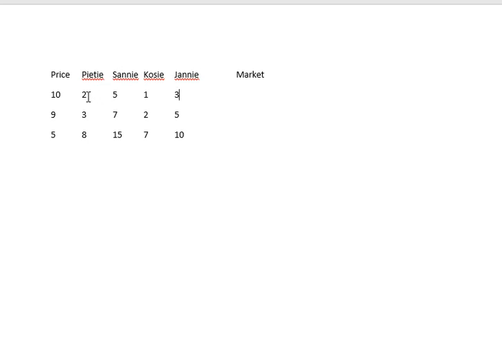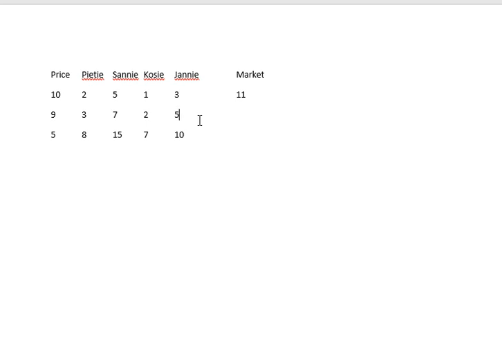If we now want to calculate the market demand for 10 Rand, we add the 2 of Pity plus the 5 of Sunny is 7, plus Kwesi's 1 is 8, plus Yanni's 3 is 11. So the market demand will be 11 cupcakes.